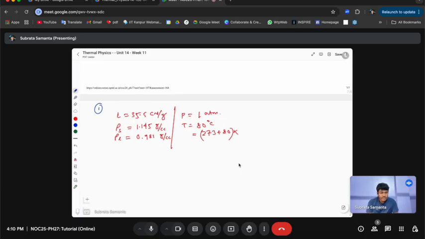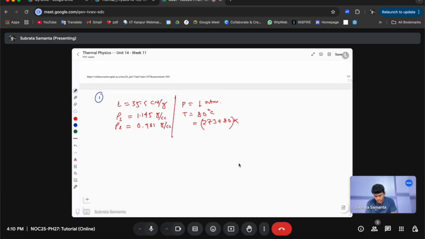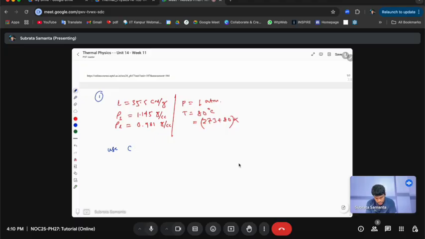So you know the Clausius-Clapeyron equation, right? We use the Clausius-Clapeyron equation.